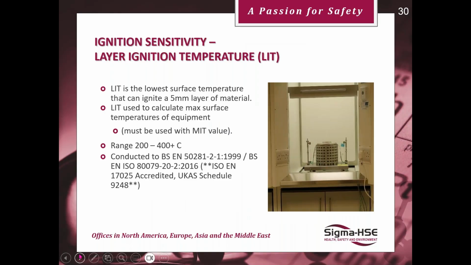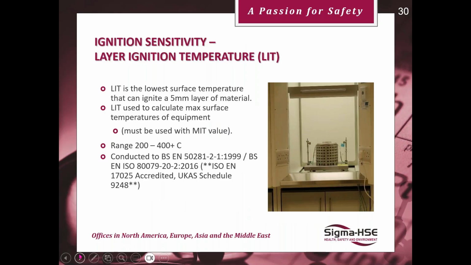Then you've got ignition sensitivity for the layer ignition test. This complements the MIT. This time, the layer ignition temperature is the lowest surface temperature that can ignite a 5mm layer of material. In the States, they've opted for a 10mm layer. Now the problem we have here, the two are not relatable because the larger the depth of the material, the lower the layer ignition temperature.